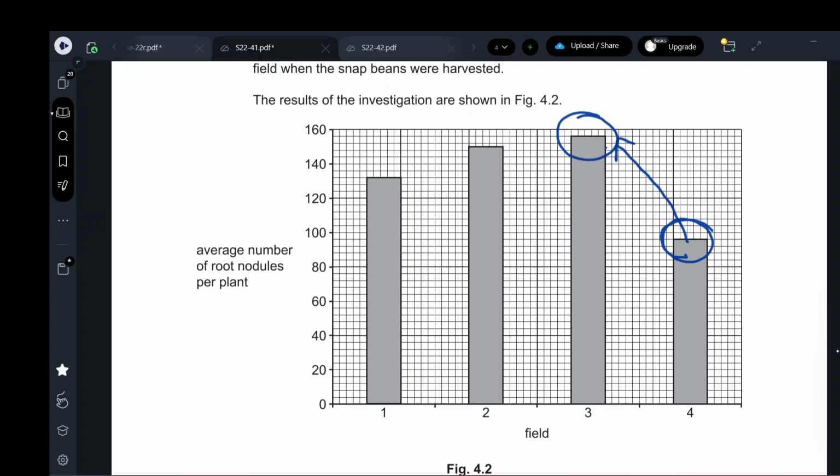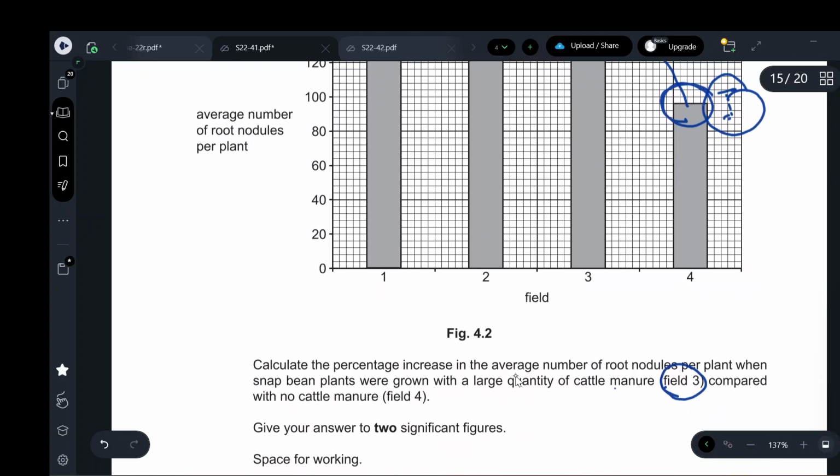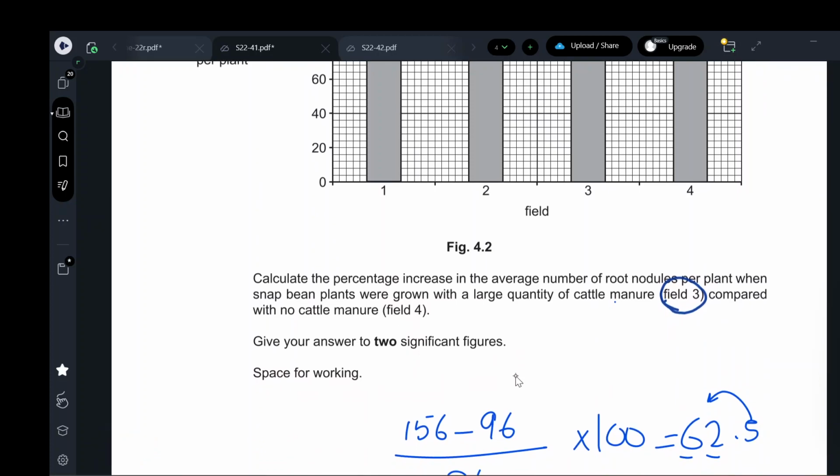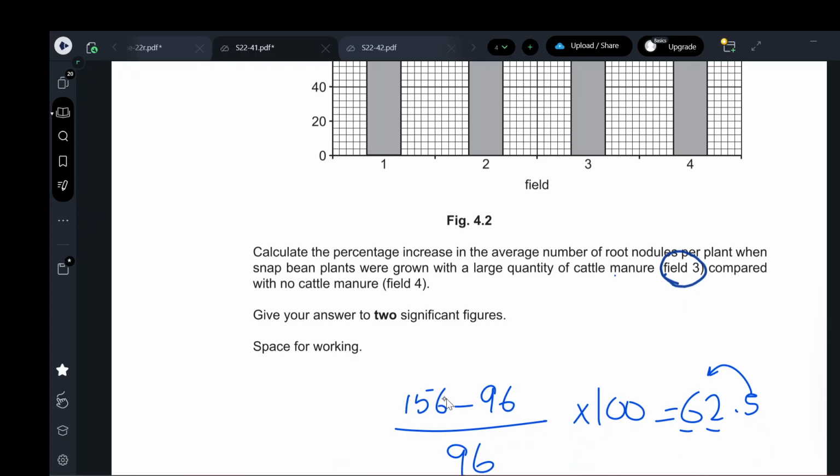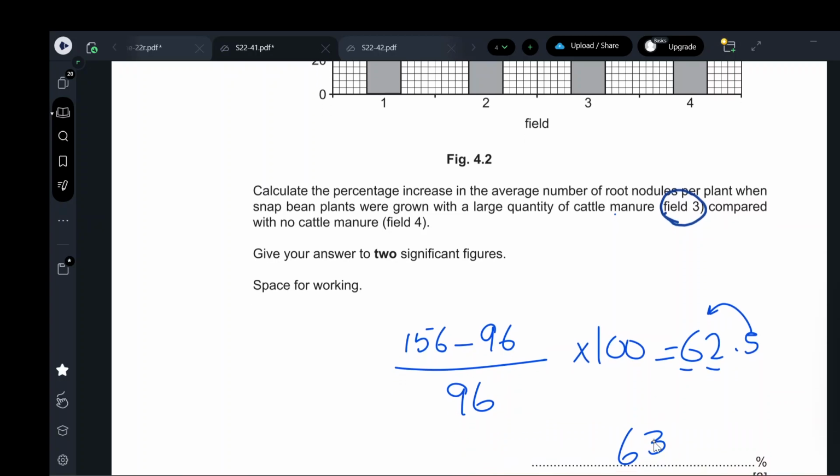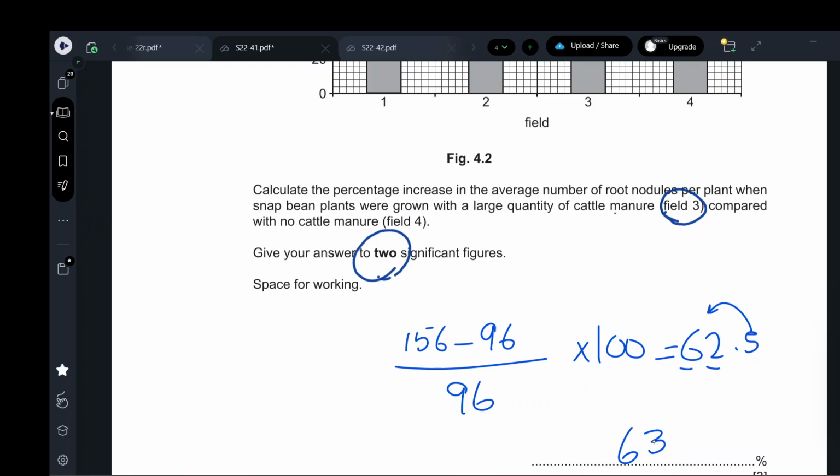I get the difference between the two numbers over the initial number times 100. This is what it gave me. He wants it to the nearest two significant figures, so 62.5 will be 63%.